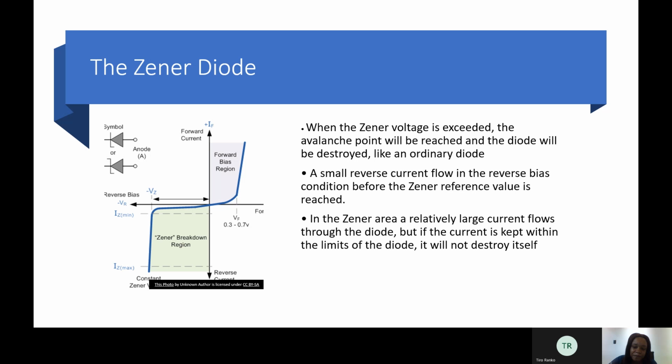Sometimes when you measure with the multimeter, it gives almost a zero value, but there is current there, just little. In the Zener area, a relatively large current flows through the diode, but if the current is kept within the limit of the diode, it will not destroy itself. So you have to keep it within this avalanche.